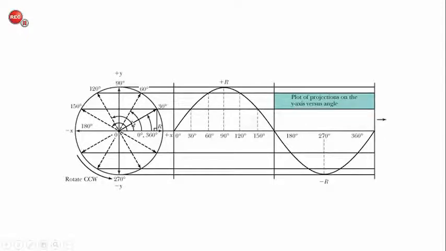If we know the value of the hypotenuse, which is the peak voltage, and we know the angle at which we are in the rotation, if we multiply the hypotenuse by the sine of the angle, we get the opposite side. So the sine is defined as the opposite over the hypotenuse. So if we know the hypotenuse and we multiply by the sine of the angle, we get the instantaneous voltage at this point in time.